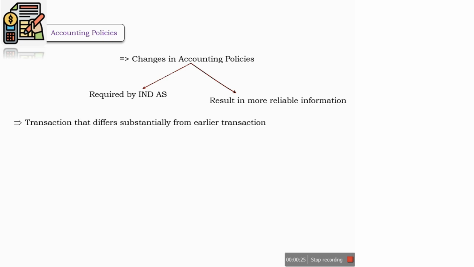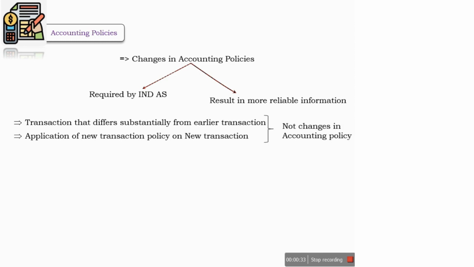A transaction that differs substantially from earlier transactions, or the application of a new accounting policy on a new transaction, is not considered a change in accounting policy, because this is application on a new transaction, or a transaction that has not happened before, and is substantially different from other transactions.